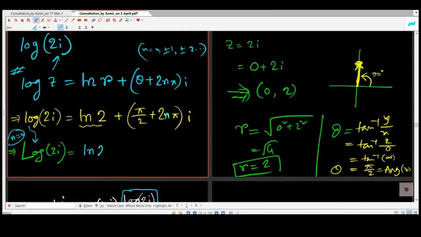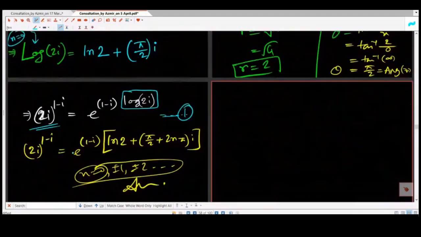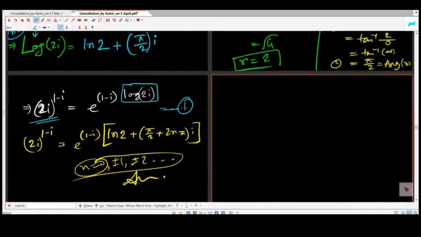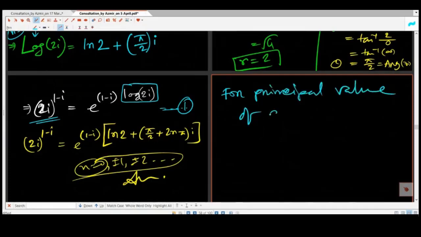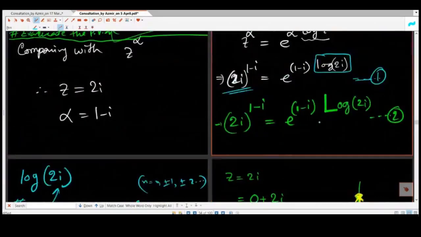So it is log 2 plus pi over 2 i. From equation 1, we have found the complex exponent. But for the principal value of complex exponent, we have equation 2.